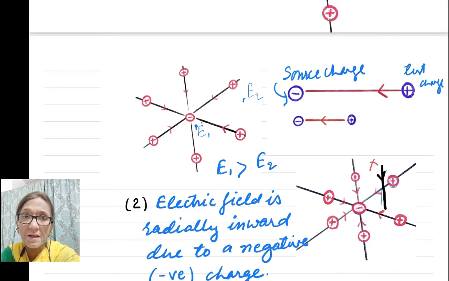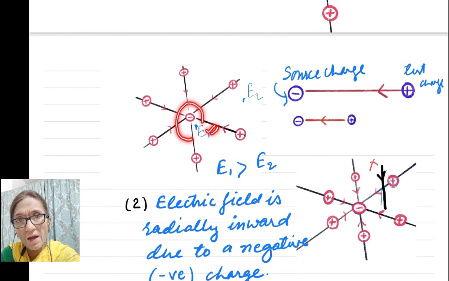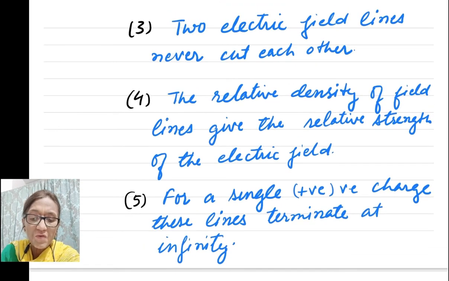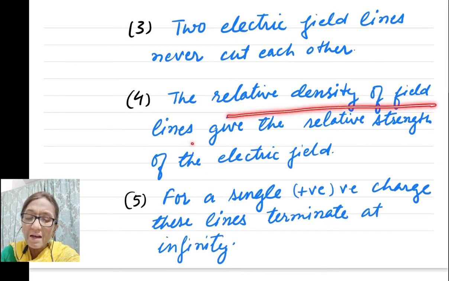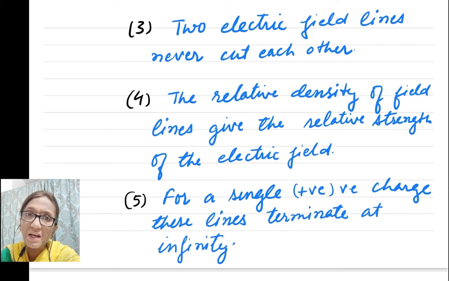Here you can see the density of field lines is highest and the electric field also is highest. So you can correlate the magnitude of the electric field with the density of electric field lines. If the relative density of field lines is more, then the relative strength of the electric field will be more at that very place.